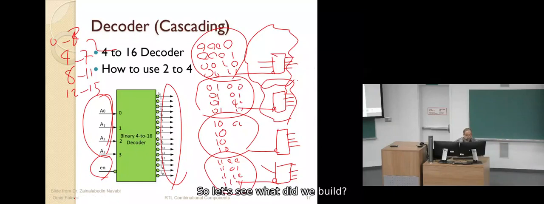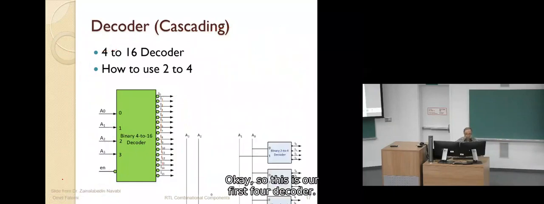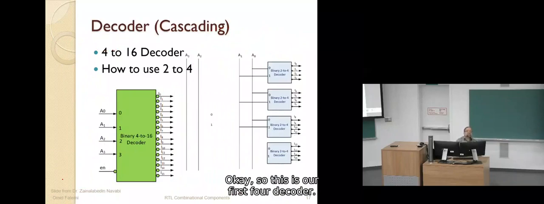So let's see, what did we build? Okay, so this is our first 4 decoder. We put it, and we have now 16 outputs, and we use the input of A0 and A1 for all of them, because A0 and A1 select which one you want.